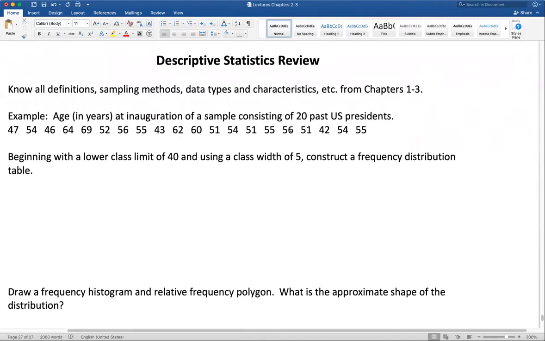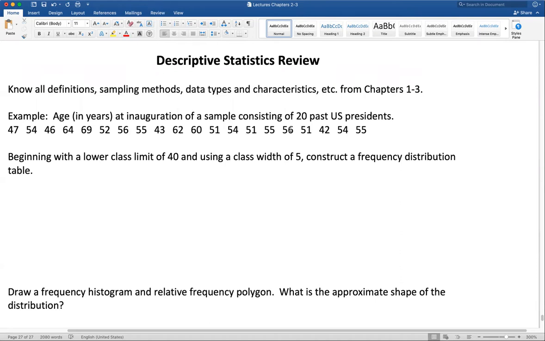All right, in this video, I'm going to go over the descriptive statistics review problems. In chapters 1 to 3, we studied descriptive statistics. Descriptive statistics means studying the sample data by summarizing it and finding the mean, standard deviation, variance, things like this.